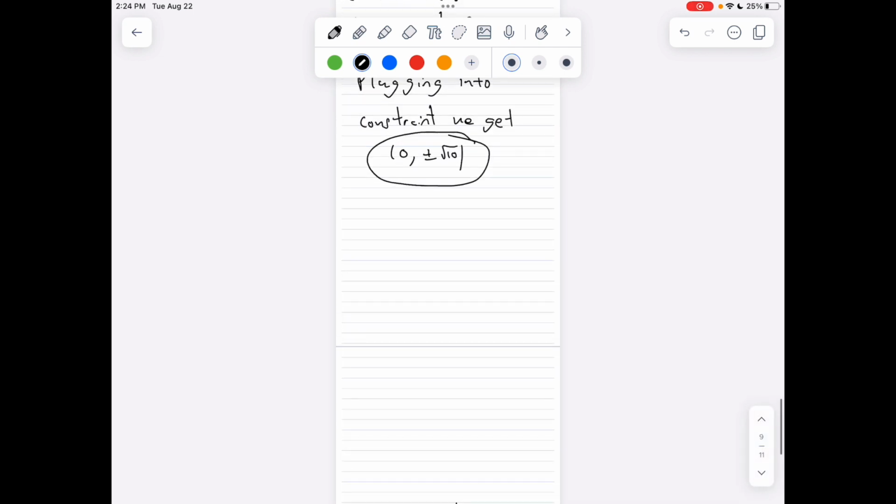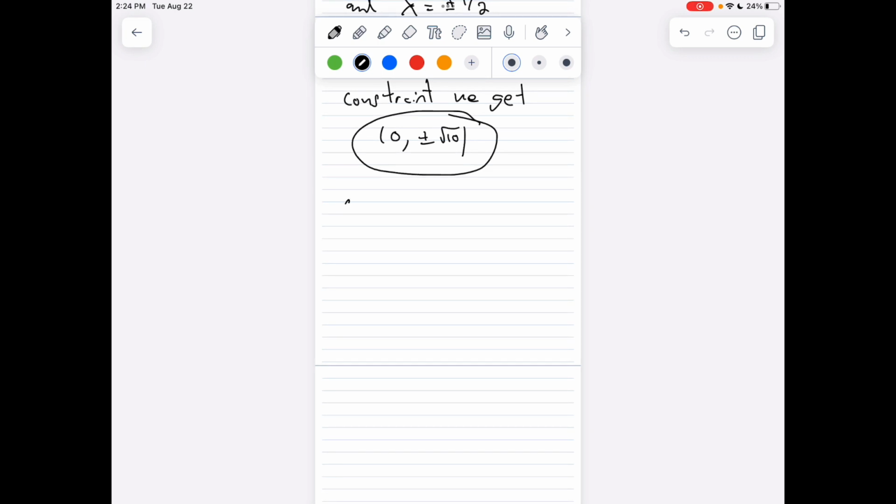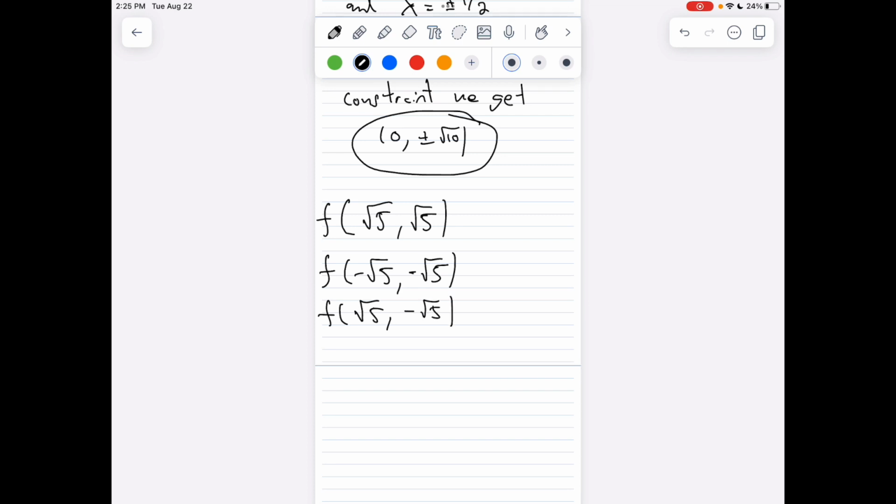Now when I say point to consider, when you're trying to find the min or max of an extreme, you go ahead and plug all the points that you found back into the original function, and whichever is the largest and whichever is the smallest tells you what your min or max would be.